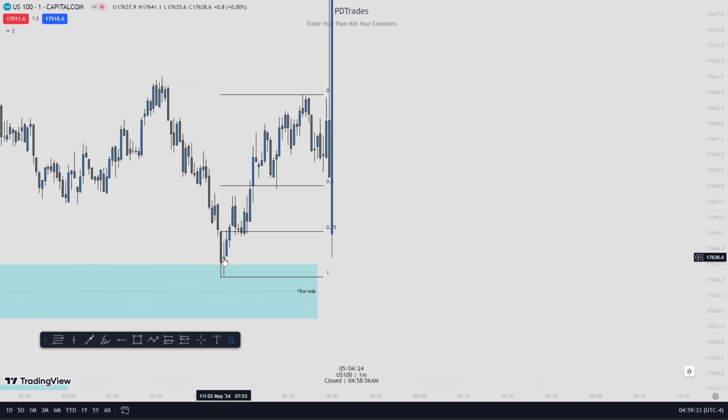Yes, there is. I saw this bullish order block. You see it, and it's also at the midpoint of the discount area.